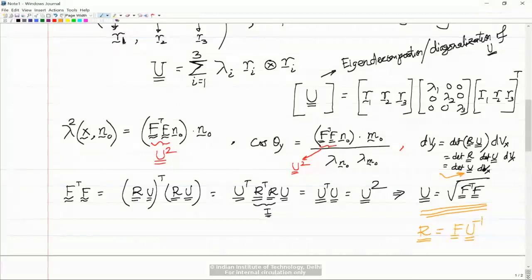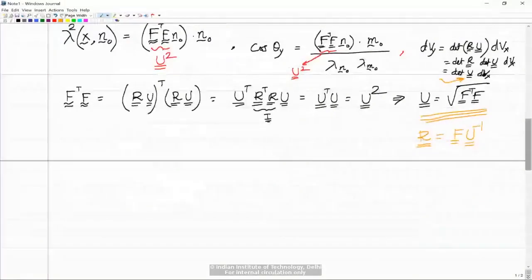So let me again write here. What I said is that to obtain the polar decomposition, you have to do the following.